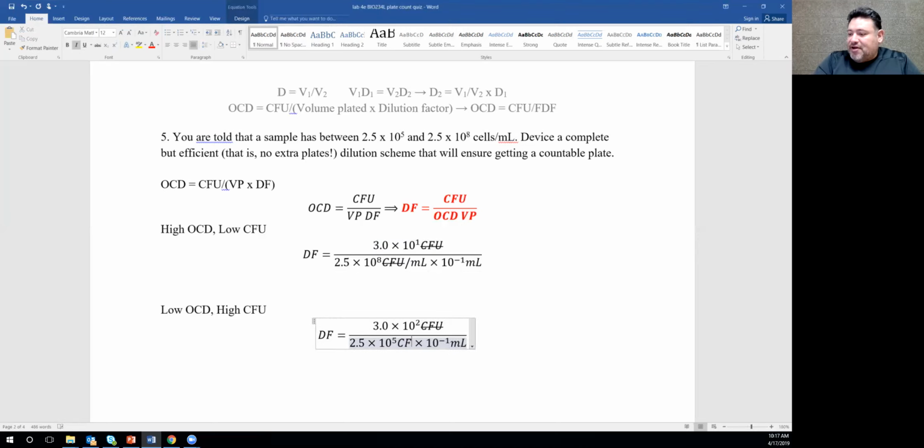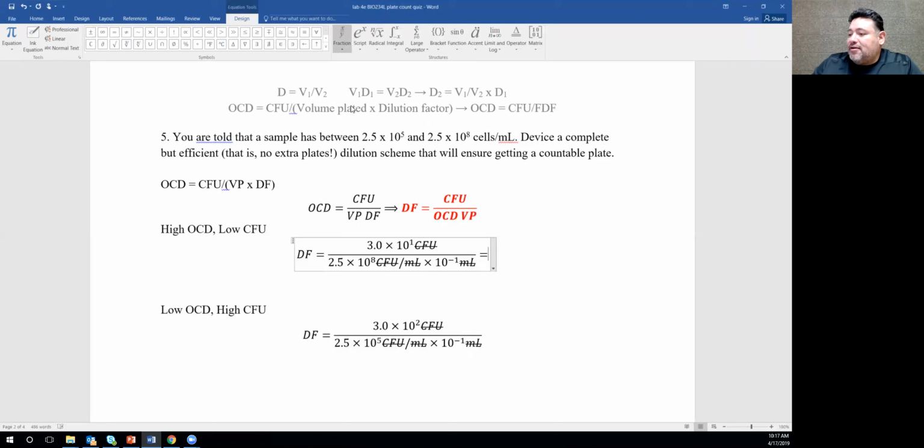The CFUs per milliliter. Okay, so that one cancels too. And then we also notice that the milliliters in the denominator of the denominator cancels the milliliters in the numerator of the denominator. And we end up with a pure number, and the dilution factor is a pure number. It has no units. So that means that we're doing something right.